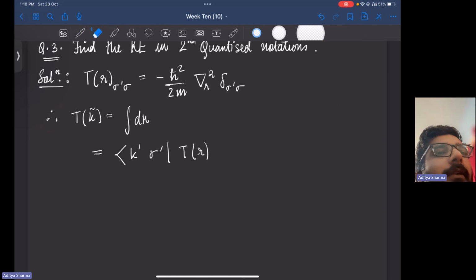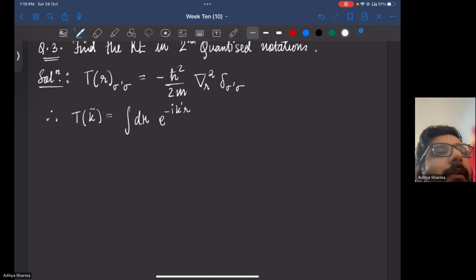Here, in other words, let me do it like this. This is kind of wrong to do. T k is actually integral dr e power minus ikr, k prime r in fact, dr e power ikr.